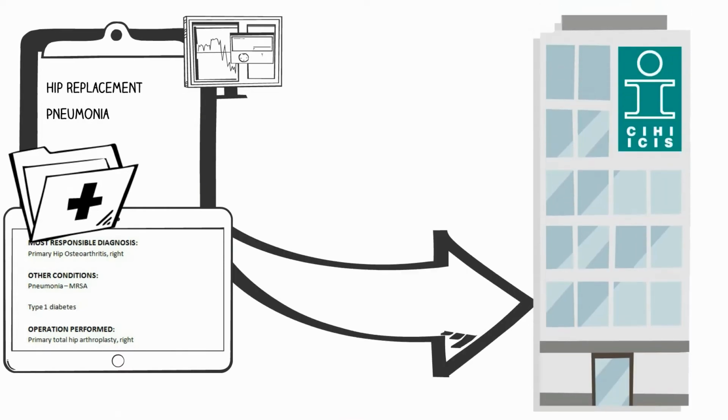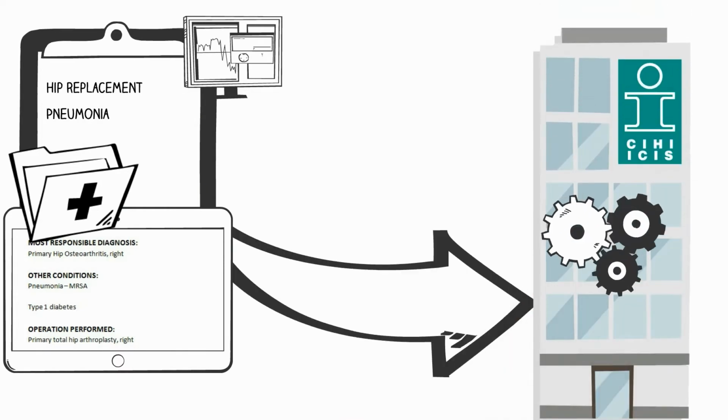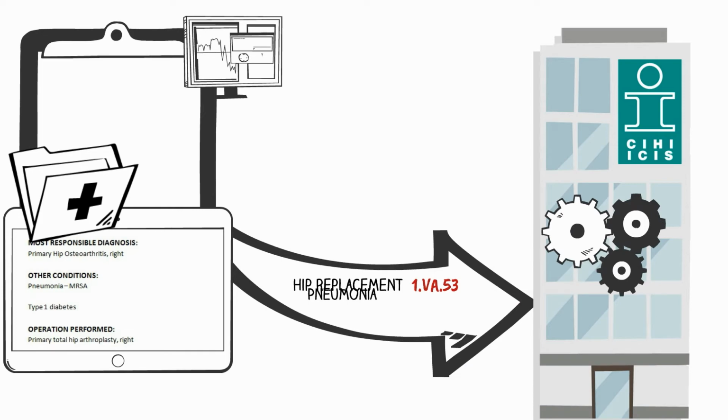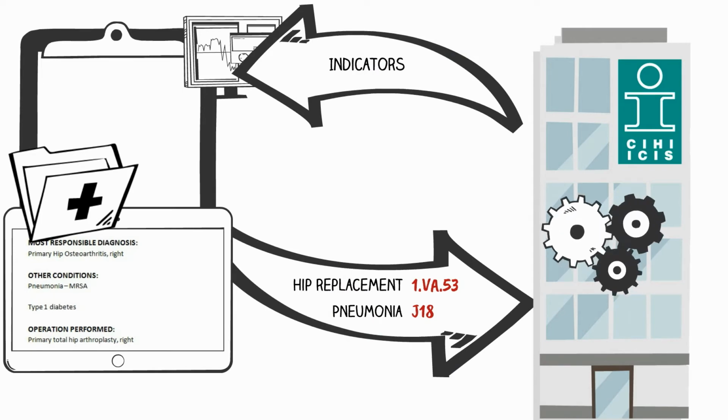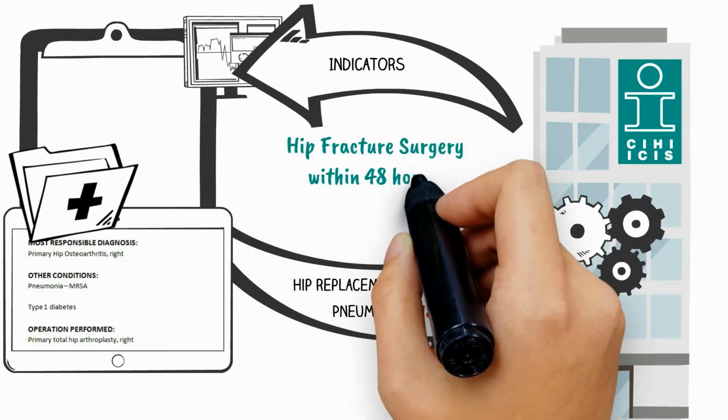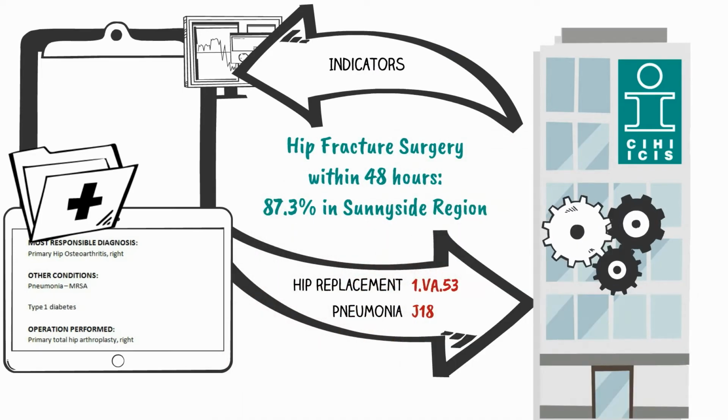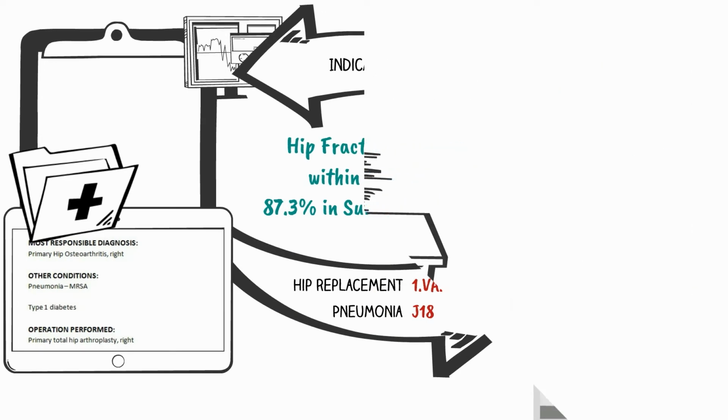The Canadian Institute for Health Information, or CIHI, maintains these systems in Canada. CIHI uses these codes, along with other information from the patient's chart, to provide comparable and actionable data so that healthcare providers and organizations like yours can measure and improve the way we deliver healthcare in Canada.